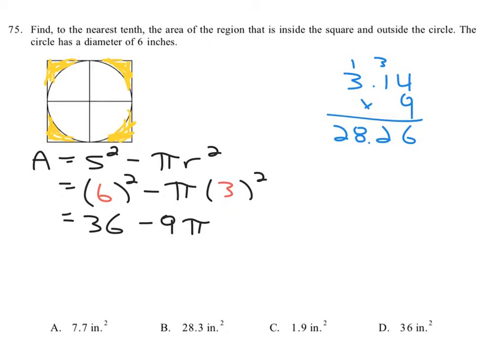So that is approximately 36 minus 28.26. And remember that's rounded off.